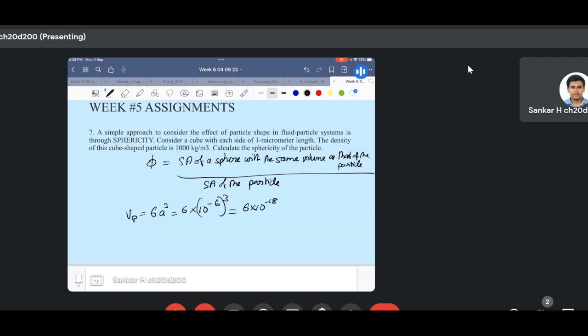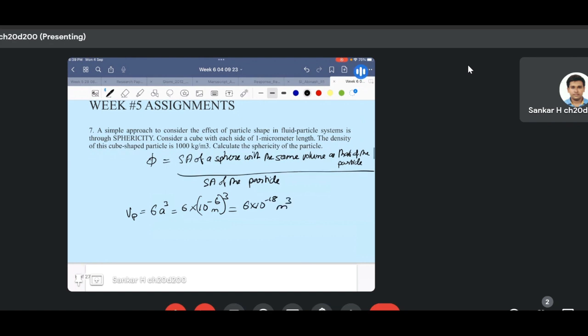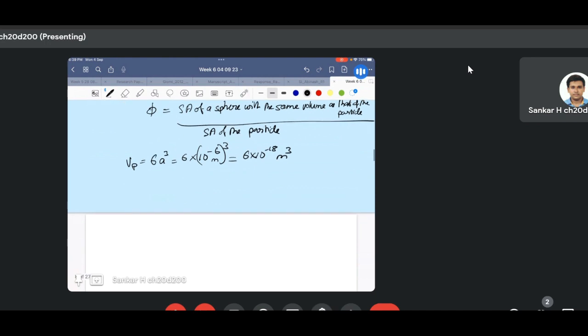And since this is in meters, this will be in meter cube. Now what we need to do is find the diameter of a sphere which has the exact volume of this particle, which is 6 into 10 raised to minus 18.